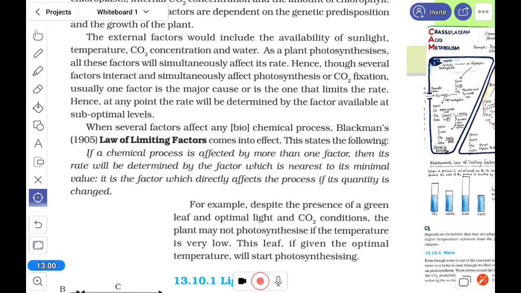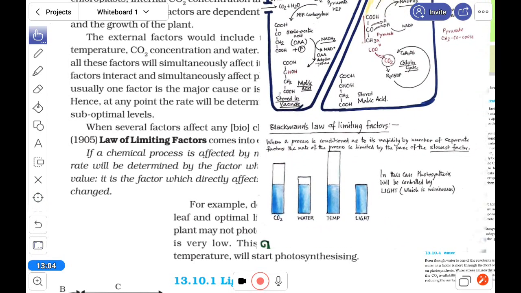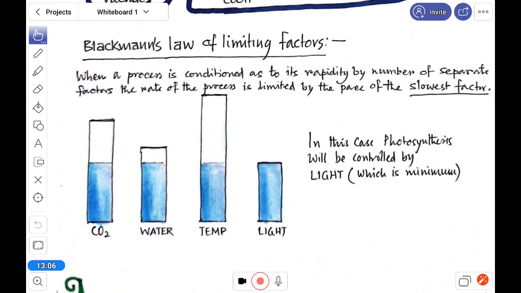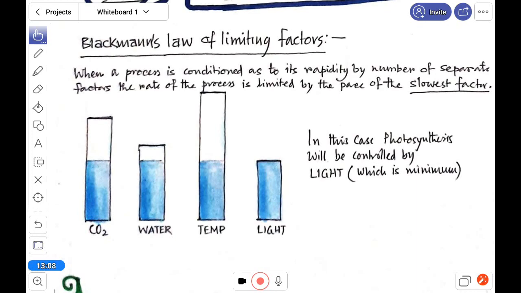Let me explain this. The rate of a process conditioned by a number of separate factors is limited by the pace of the slowest factor.